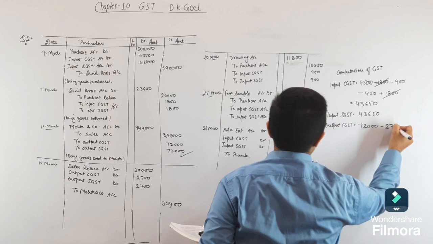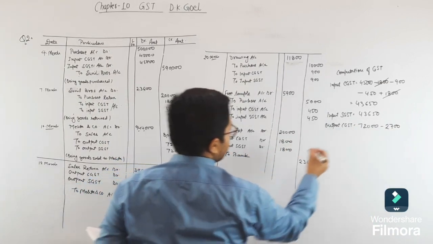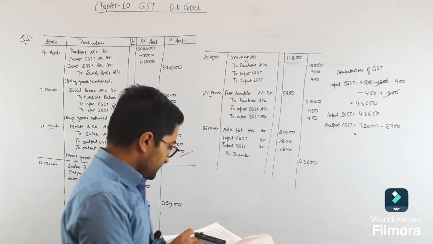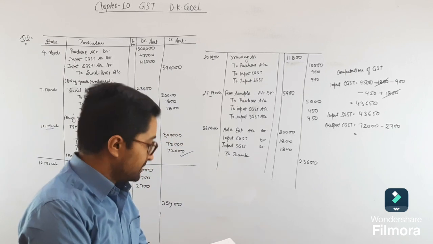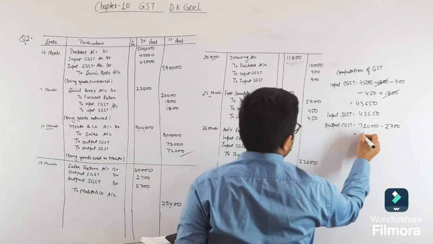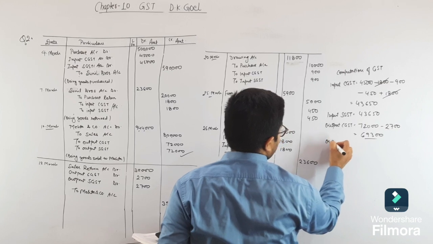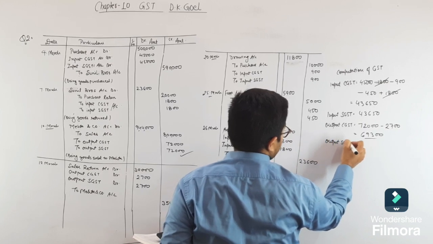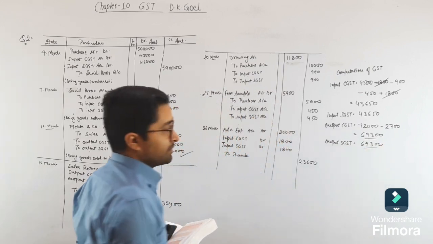Now next nothing. 72,000 minus 2,700, 69300. Output SGST, again it will be the same, 69,300. Clear है?